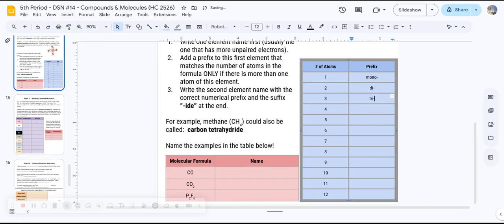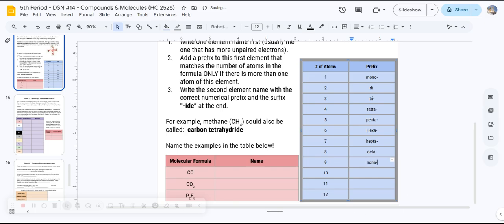Di for 2, tri for 3, tetra, which is the same root word as Tetris. That's why it's called that, because the blocks have 4 squares. So tetra for 4, penta for 5, hexa for 6, hepta for 7, octa for 8, nona for 9.